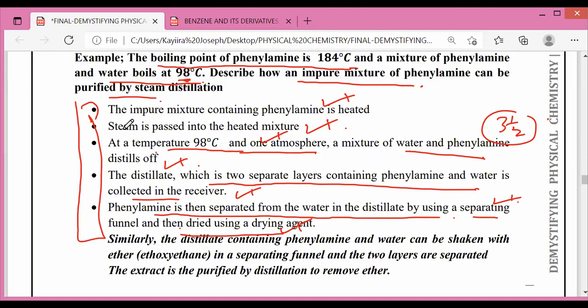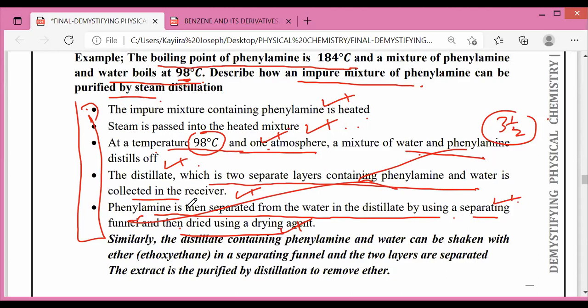So if it's a general procedure, what do you say? The impure mixture containing the component to be distilled off is heated. Steam is passed through the heated mixture. Then at a temperature at which that liquid mixture boils and at 1 atmosphere, a mixture of water and the component to be distilled off is collected in the receiver as 2 separate layers.